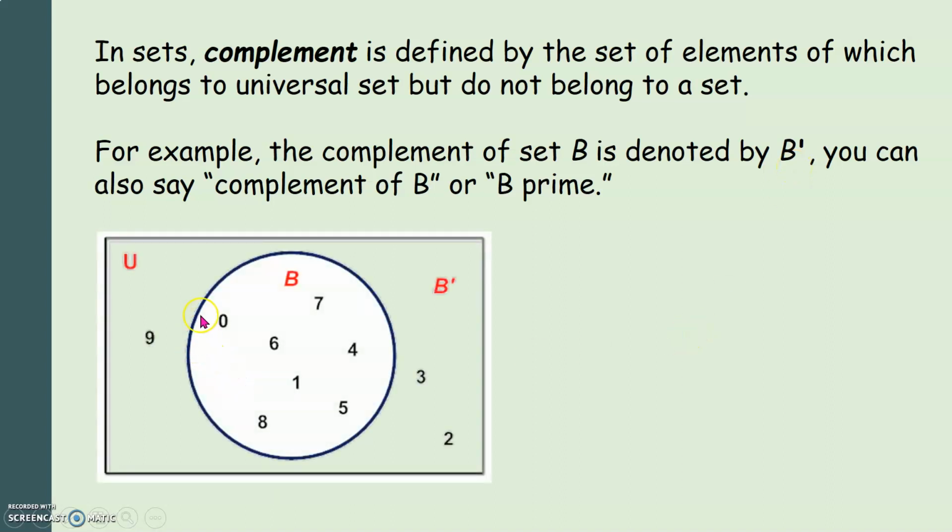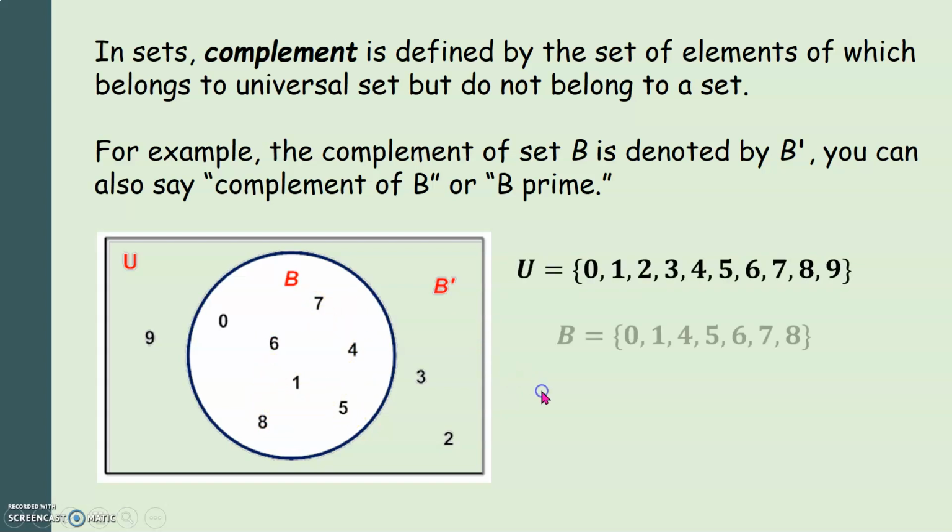Let's have this illustration. Here we have the universal set U, which is composed of the elements 9, 0, 6, 8, 1, 7, 4, 5, 3, and 2. Within our universal set U, we have set B, which consists of the elements 0, 6, 8, 1, 5, 4, and 7.